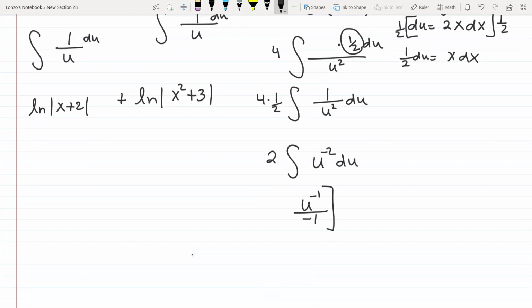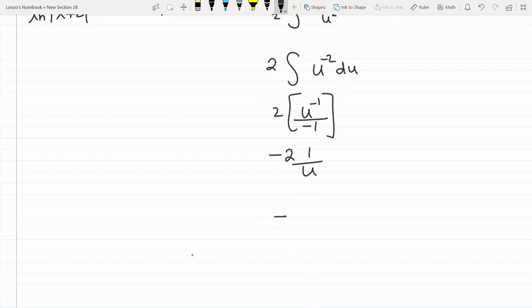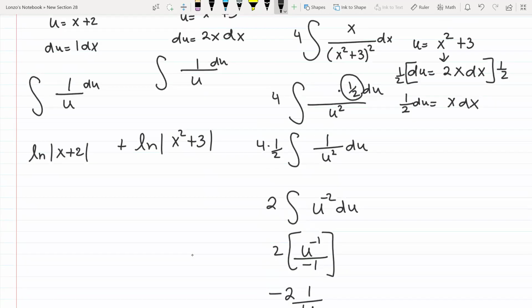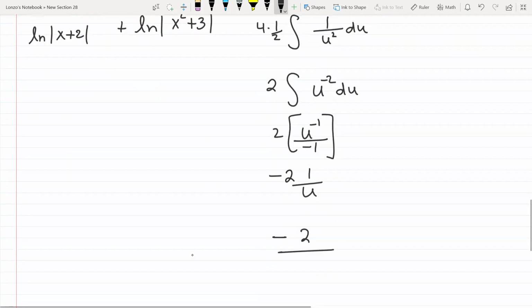So that times 2, so that's negative 2 u to the negative 1, which is negative 2 over u, and my u is x squared plus 3.